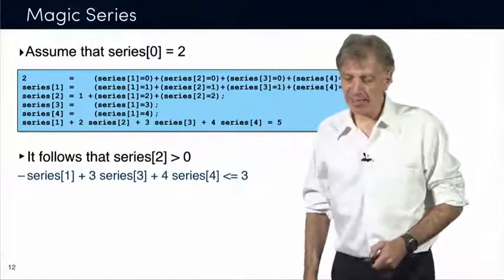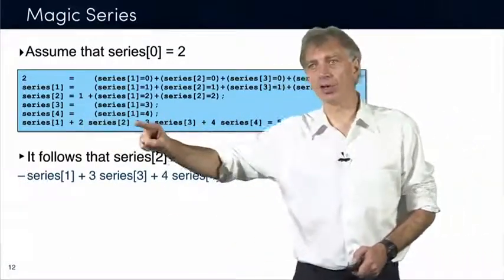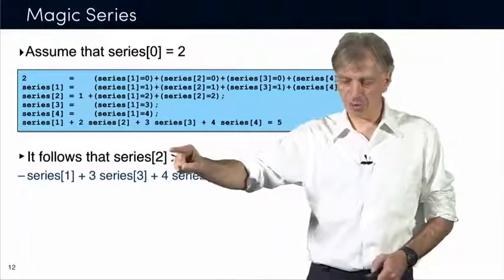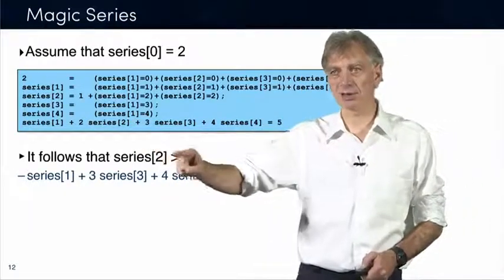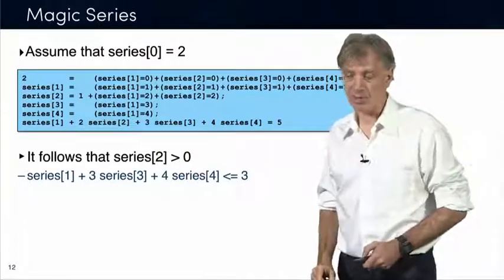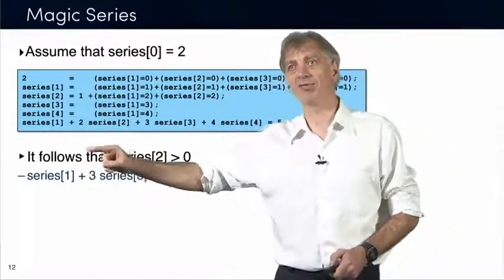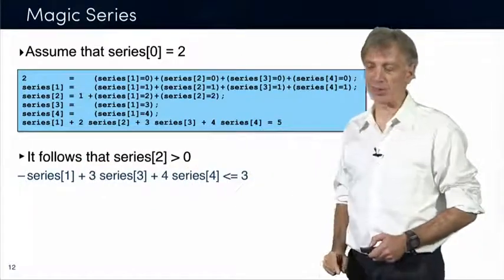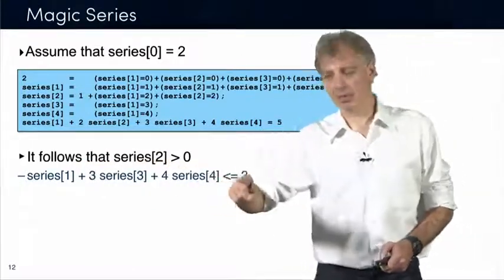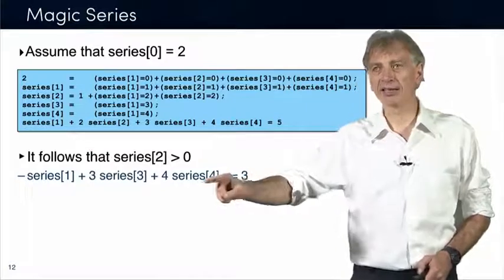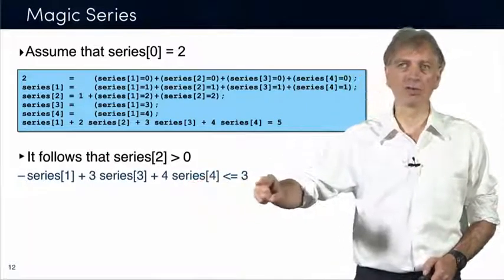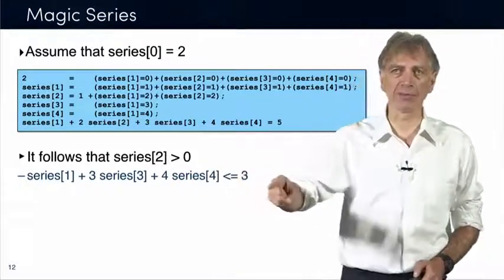And then you look at the redundant constraints that I have added. What do you see there? I know that series 2 is greater than 0 now. And therefore, when you look at these constraints, essentially the 5 has become a 3. And therefore, I can immediately deduce that series 4 here has to be equal to 0, because it is multiplied by a coefficient 4 and can be at most 3.